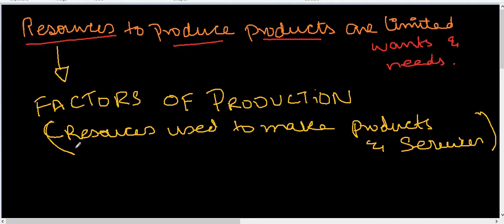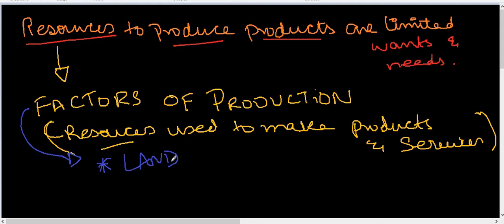I hope we understand that. So factors of production are resources used to make products and services. So what are these factors, and how many are there? The factors of production are: number one, land.